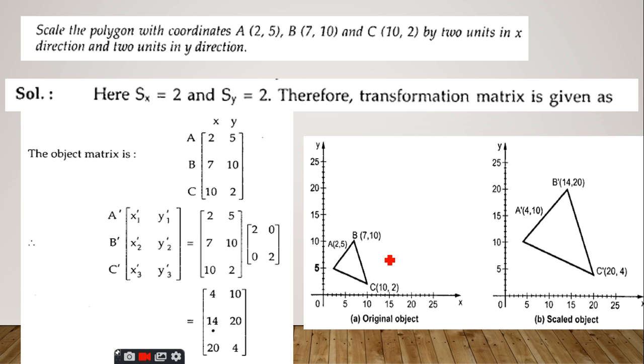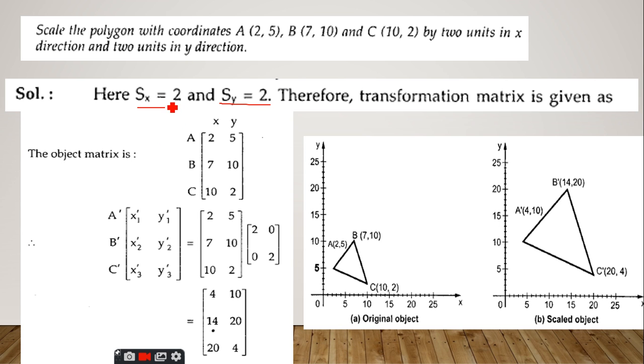Here also I am taking one example. Scale the polygon with coordinates A equal to 2, 5, B equal to 7, 10 and C equal to 10, 2, by 2 units in the x direction and 2 units in the y direction. Here sx and sy are directly given as 2 units. One thing to remember: there are 3 conditions.